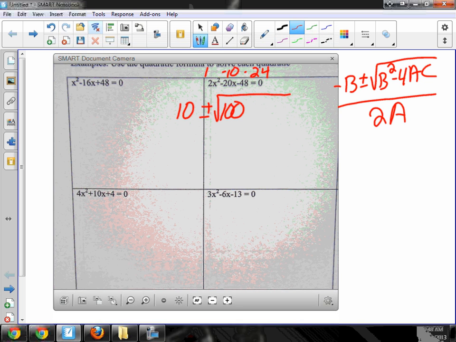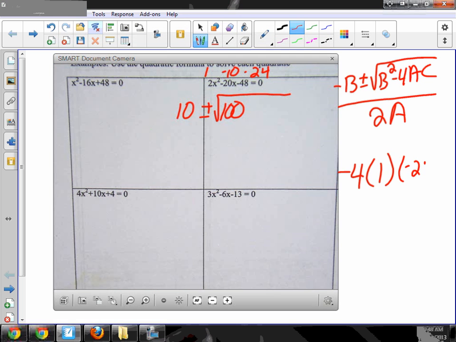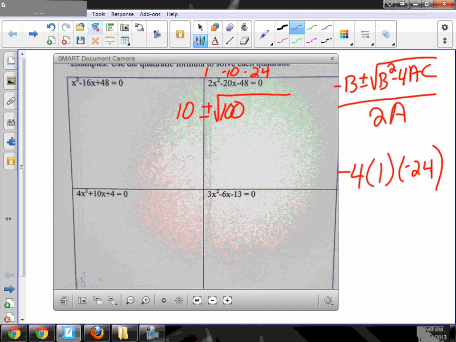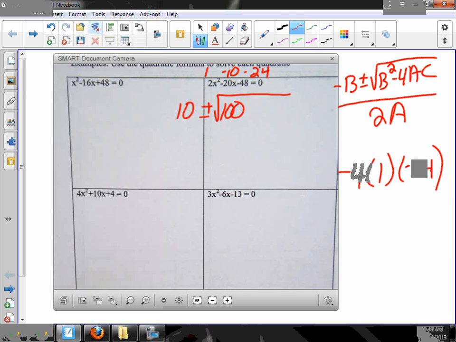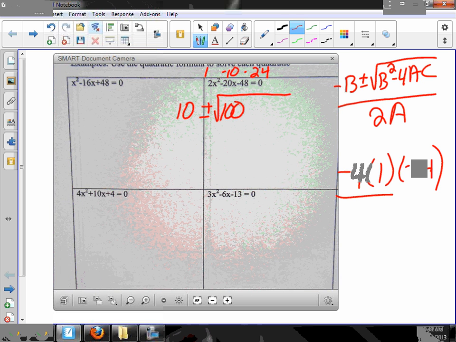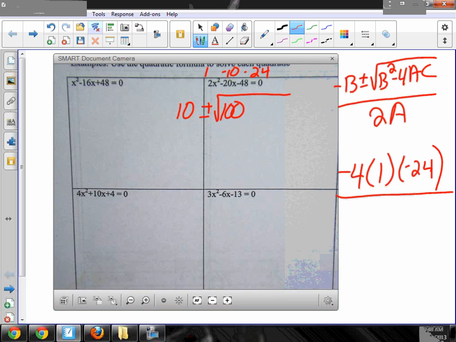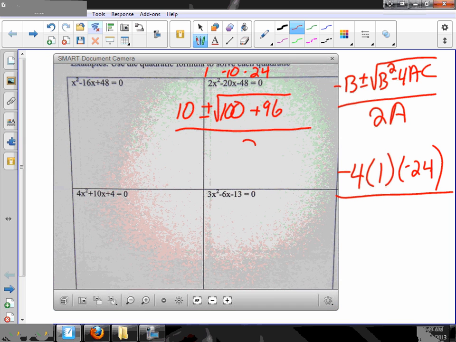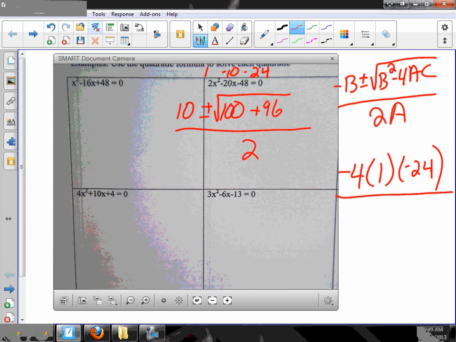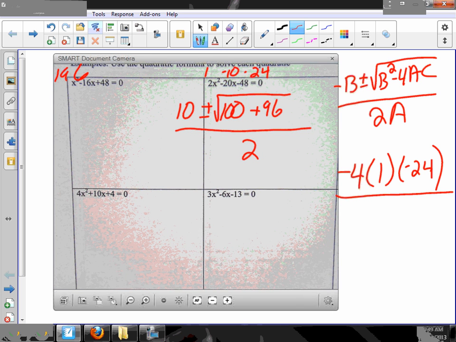And then negative 4 times 1 times negative 24 is 96. So I like to write the calculation off to the side like this because that will tell me the sign. Is it minus 96 or plus 96? Plus 96. Over 2 times a is just 2. Well, 100 plus 96 is 196.